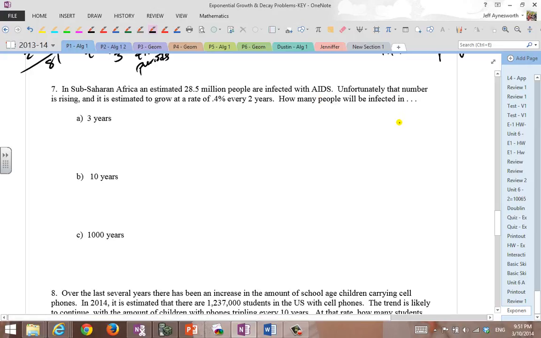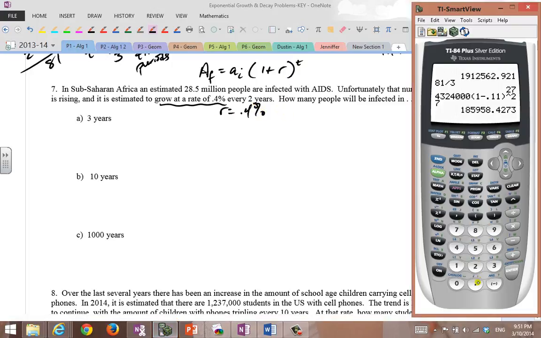Unfortunately, that number is rising and is estimated to grow at a rate of 0.4% every 2 years. So right here, this is a growth rate. So automatically, I know I'm dealing with a sub i times 1 plus r to the t power. I know that r is 0.4%. And just do the math here. 0.4 divided by 100. All right, it's 0.004.